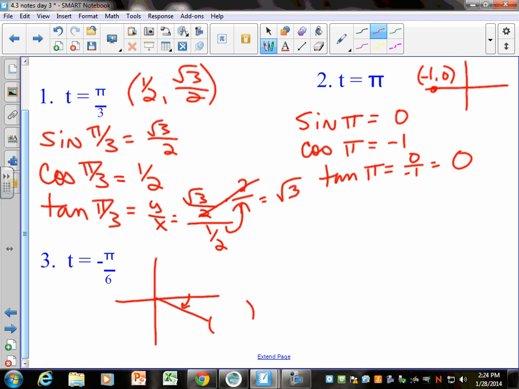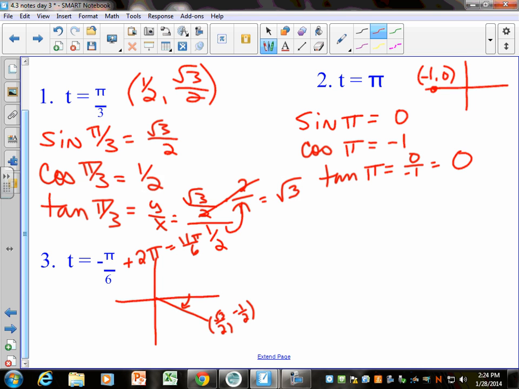How can we make a negative angle positive? How could I make a coterminal angle to -pi/6? If you don't want to think about graphing a negative, you could just add 2 pi to this, and you would end up right there at 11pi/6. Either way, you have to know that's the point that you're at, and then you should be able to tell me that that is radical 3 over 2, -1/2, I think.